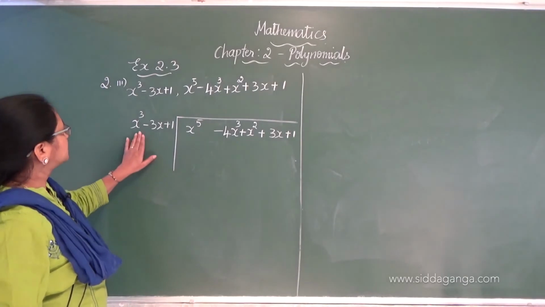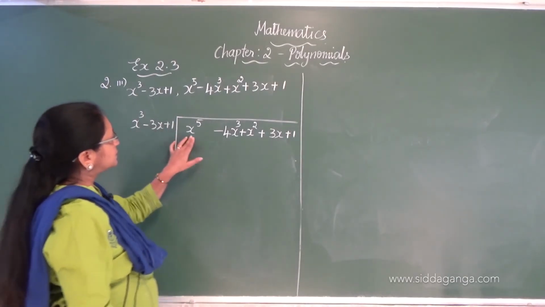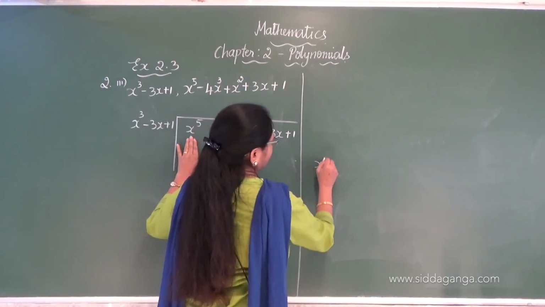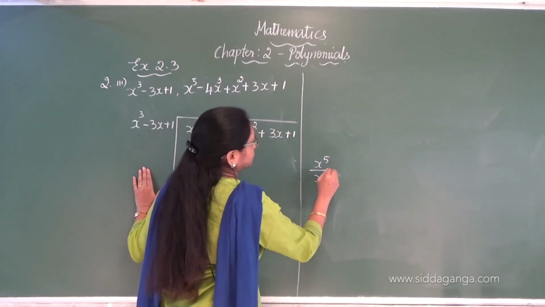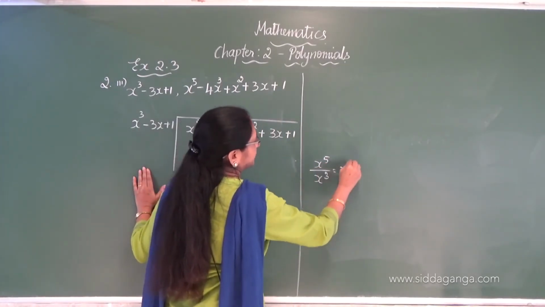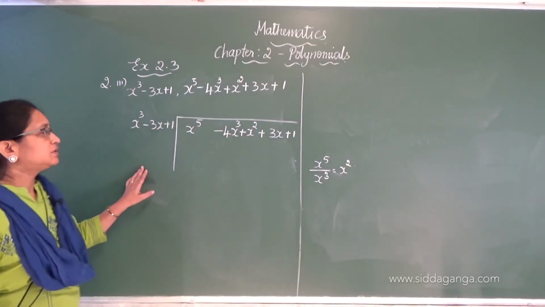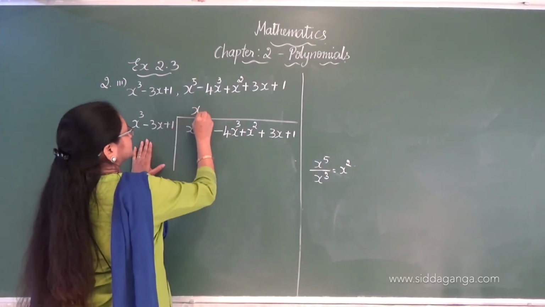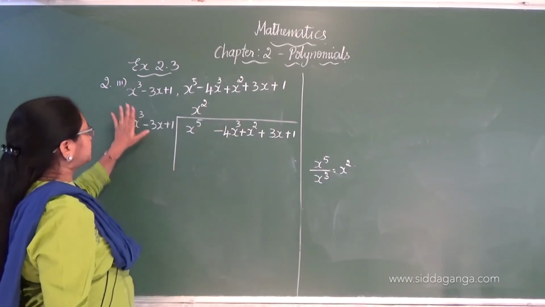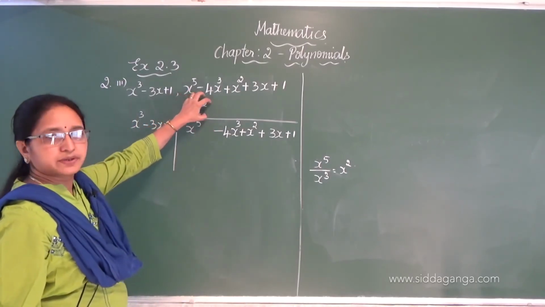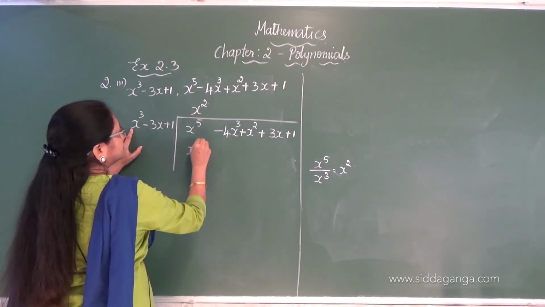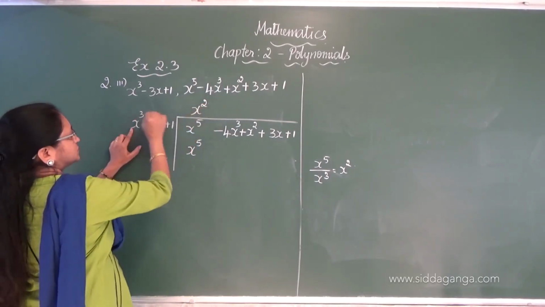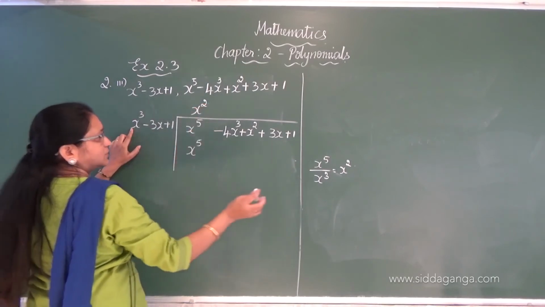Now just see, the first term is x to the power of 5 and here x cube. So when you divide this, you will get x square. Now the first term will be x square. Now multiply this polynomial by x square. Now x to the power of 5, I know how to do this, don't do 3 into 2, you all know.